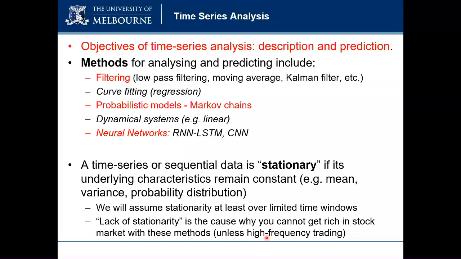Why does it work? Keyword is windows. Exactly. High frequency trading makes money because it's such a small window that the market characteristics don't change over the next 1 second.